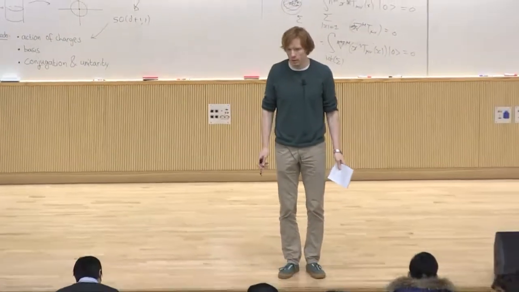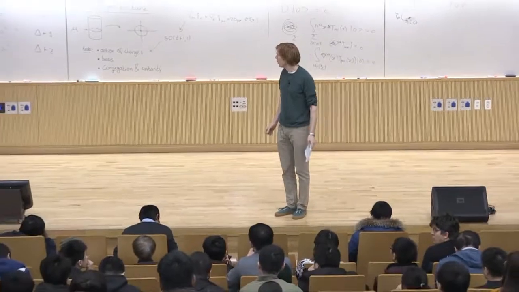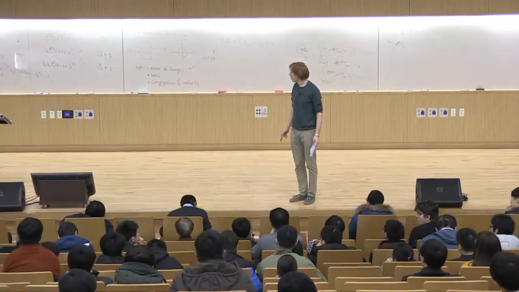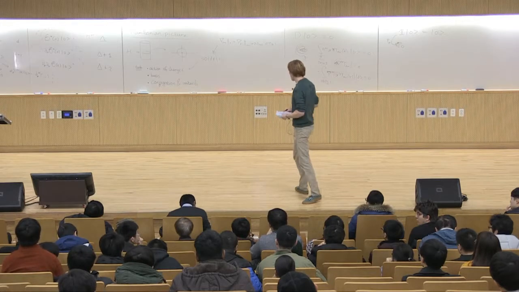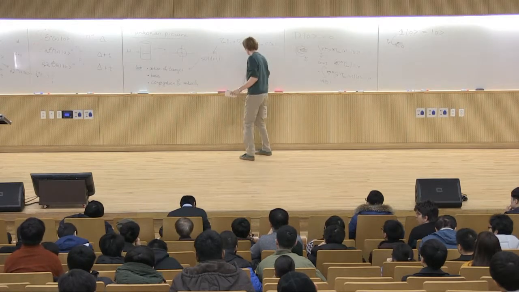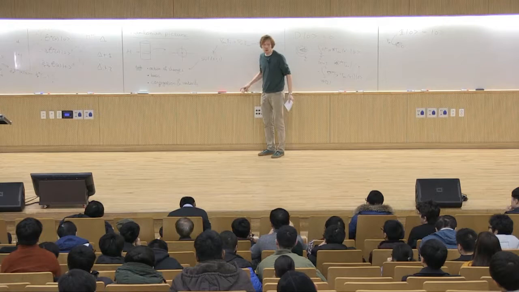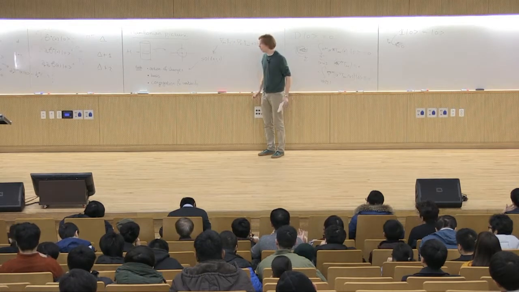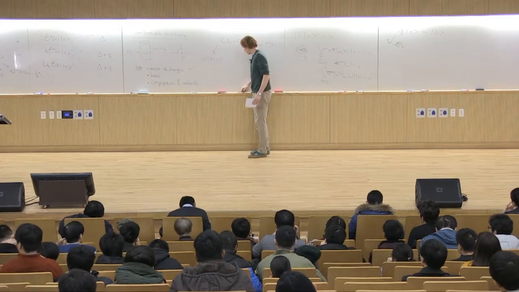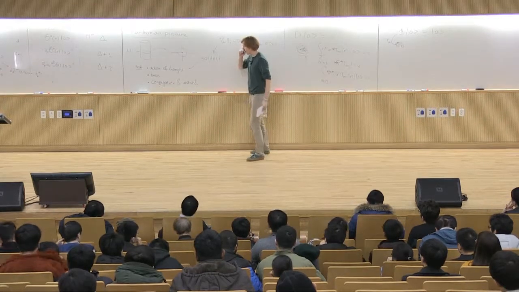Can you repeat the reason why there must be some primary operator, meaning a state that K mu acting on gives 0? Yes, there are 2 reasons I can give.